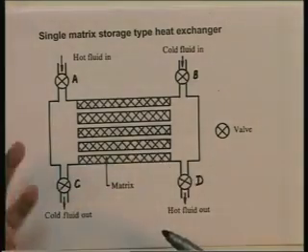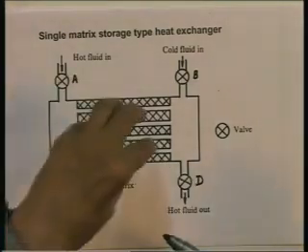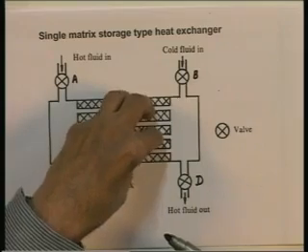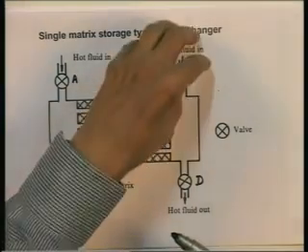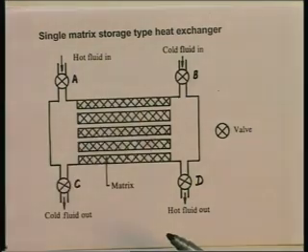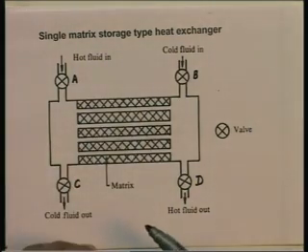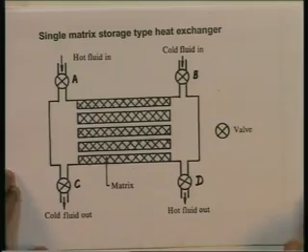So, one by one the hot fluid flows through, stores heat in the matrix, the cold fluid flows through and picks up heat from the matrix. So, that is why this is called a storage type of heat exchanger. There are many versions, of course, of the storage type. This is the simplest type. We just want to show one here.